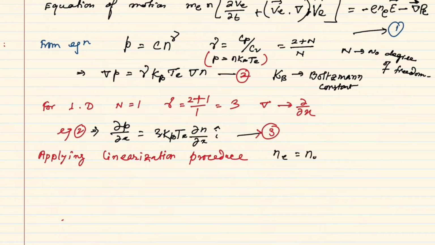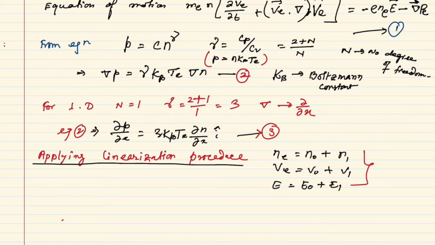To apply this linearization we need these three parameters. We have already discussed these three parameters in lecture 15, so I am not going to explain again. N E, N V and capital E. We are going to use these three to apply linearization, and after application of this linearization method, the second order term will be ignored.